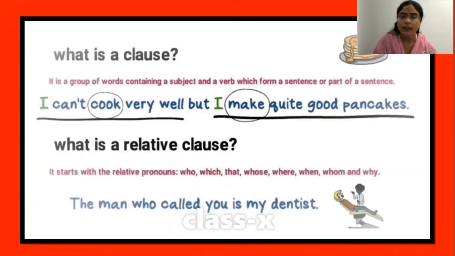If I omit the relative clause and say the man is my dentist, here I'm not giving the exact or complete information. Now, let me include who called you, the relative clause, in the sentence. Here, who talks about the man who is my dentist. So, who defines the man who is my dentist and gives complete information about the man.